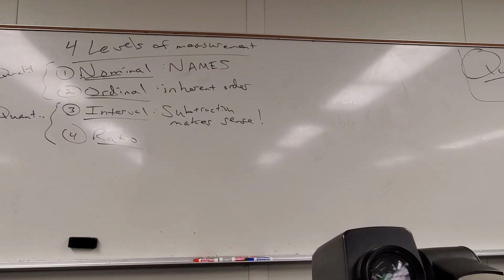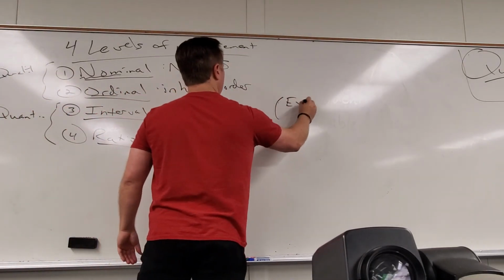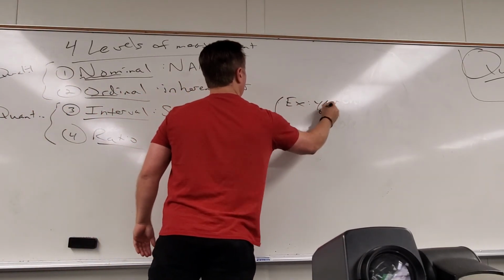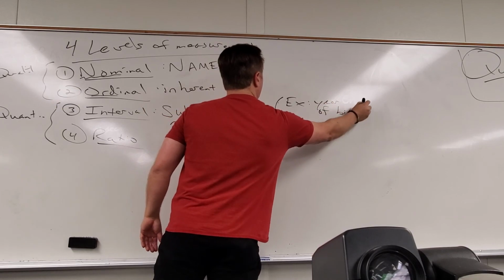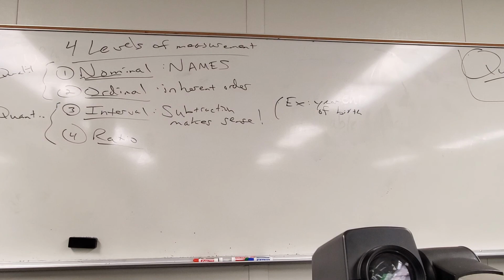Yes, it means how much older I am, right? How much longer I've been roaming the earth. You guys with me? Yeah. So therefore, year of birth would be an example of interval data. Because subtraction actually makes sense. Not just can you do it, but does it make sense? So an example here would be year of birth. Year of anything, really. Year that you learn how to drive a car, whatever.